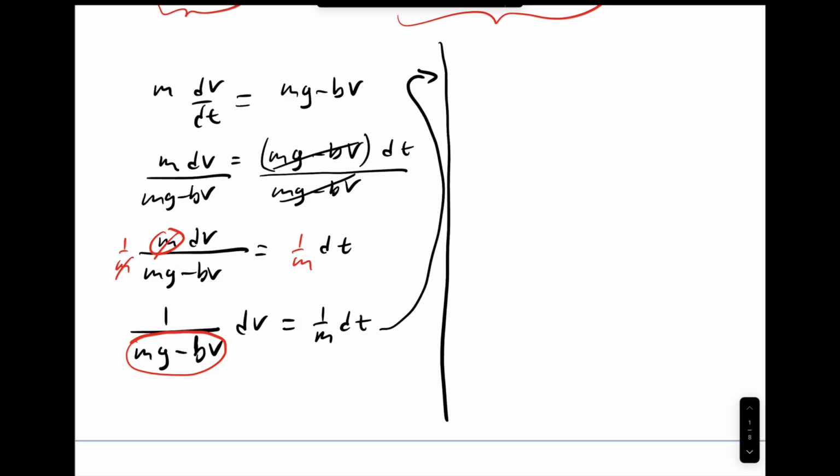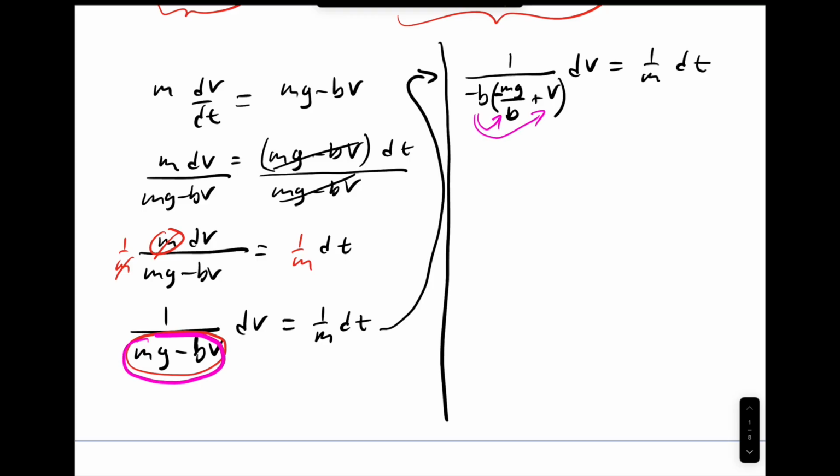So what I have now is 1 over on the left, I've got negative b times, and on the inside, I'm going to have mg over b negative plus v, and then dv. And that's equal to 1 over m dt. And you can check: if I distribute the b back in, I will end up with exactly the expression that I had over there.